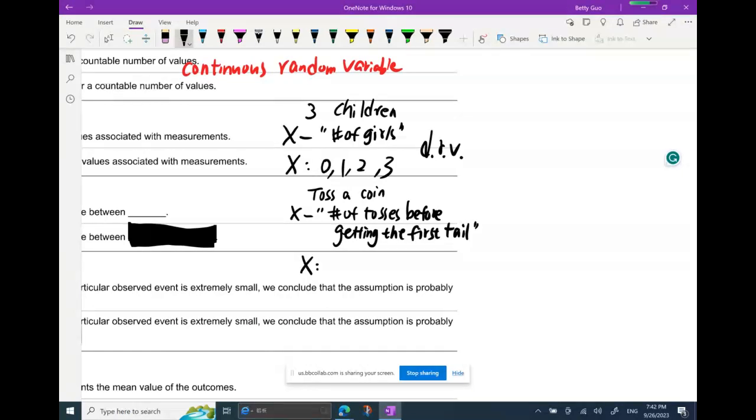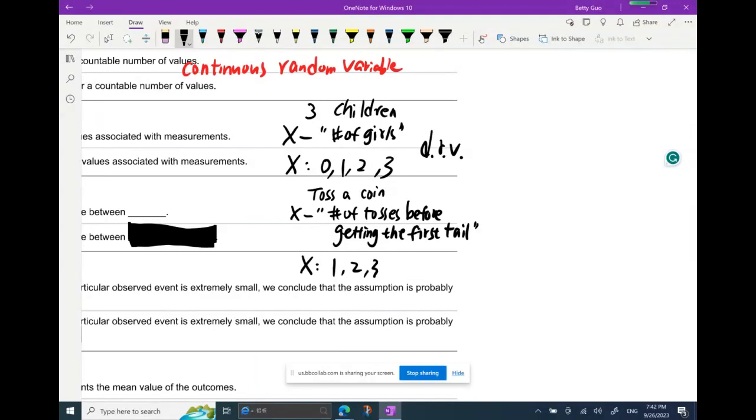So is it possible we get a 1? Yeah, it's possible. We only need to toss one time and get a tail, right? So x equals 1. Or the first time we did not get a tail, and the second time we get a tail. So we need 2 tosses to reach that goal.